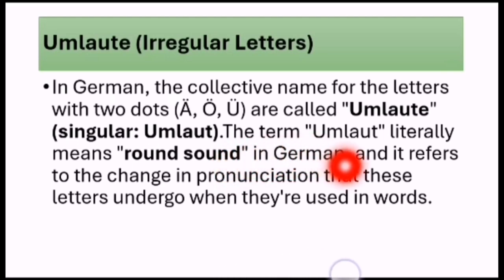The term umlaut literally means round sound. It means they give round sounds. We will learn their sounds in the next slide. Just keep in your mind that they give round sound. Umlaut means round sound in German, and it refers to the change in pronunciation that these letters undergo when they are used in words.